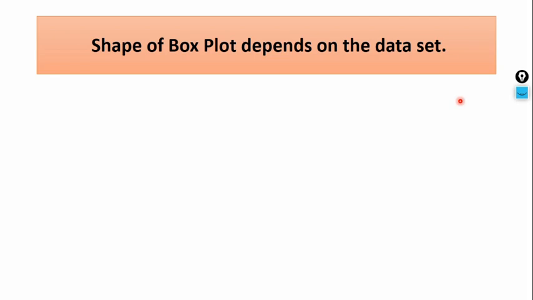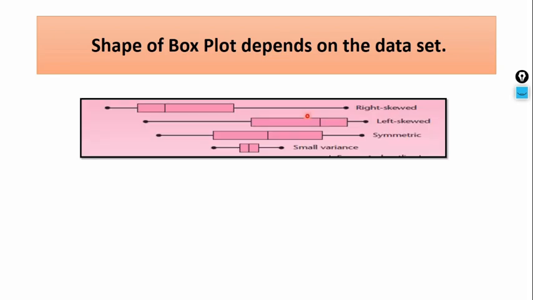The shape of the box depends on the data set. This is the minimum value, this is the maximum value. If we draw a histogram, a bell shape of this data, the normal shape of the curve, our curve will be right skewed. The graph has two sides, left and right.